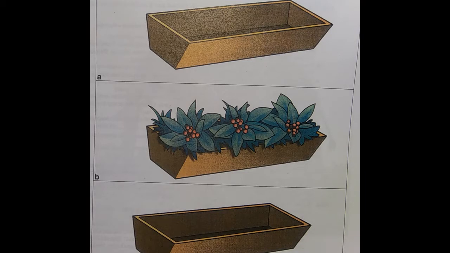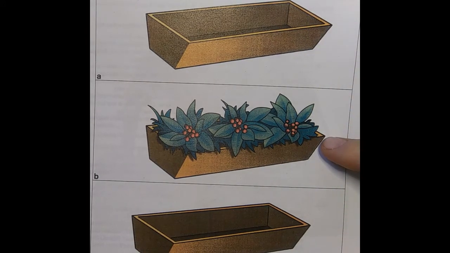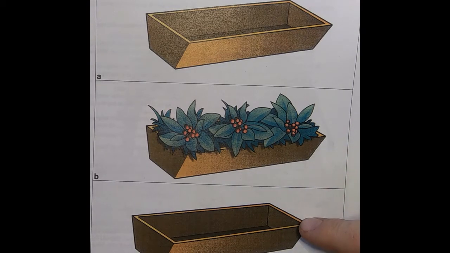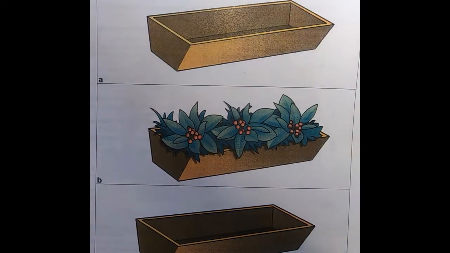Okay. Now, I'm going to point to a box, and if it is full, you say full. If it is empty, you say empty. Empty. Full. Empty. Okay, what are you going to say if it's full? Full. What are you going to say if it's empty? Empty.